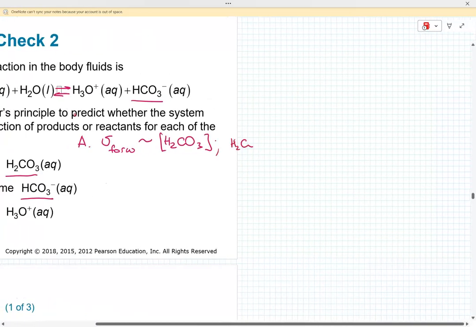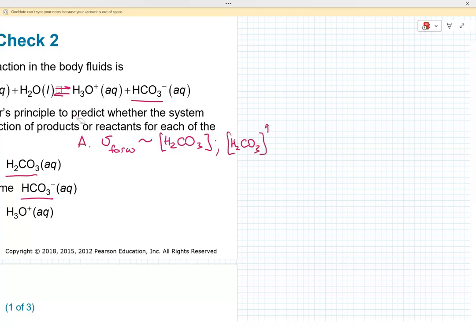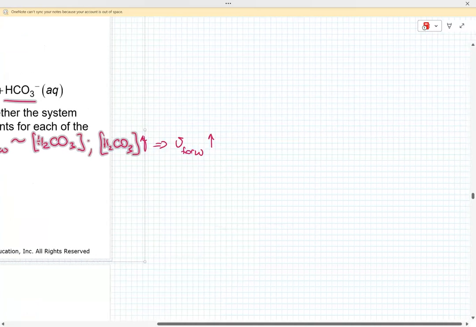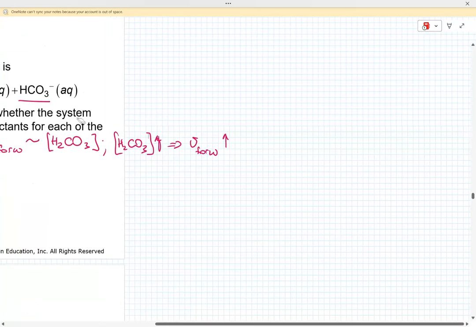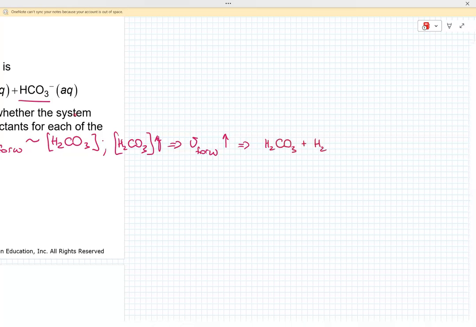If the concentration of H2CO3 increases, therefore, the rate of the forward reaction also increases. Agreed? Which means we can record this as reactants.